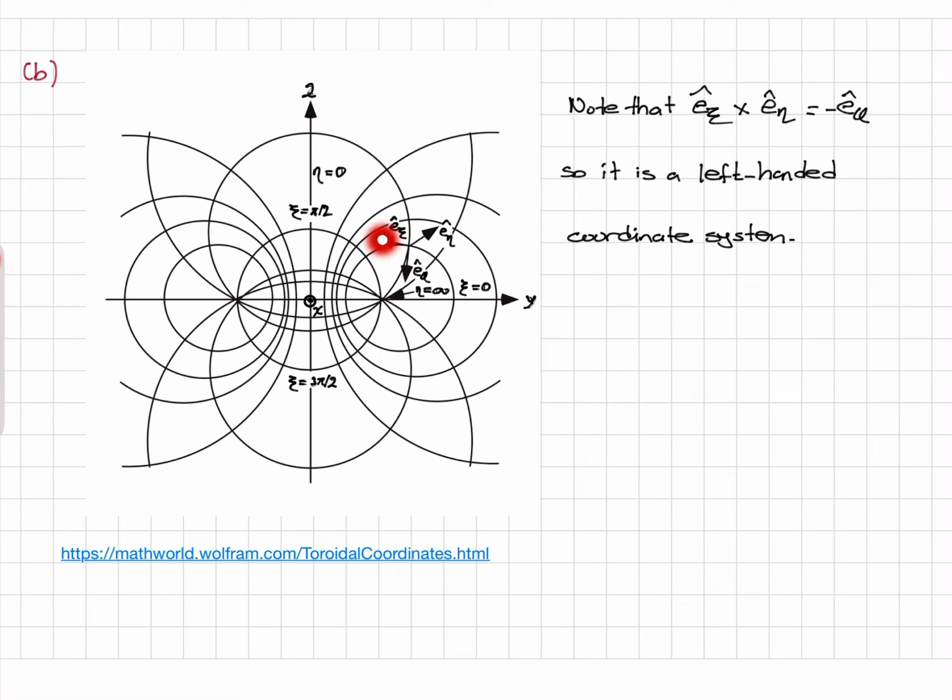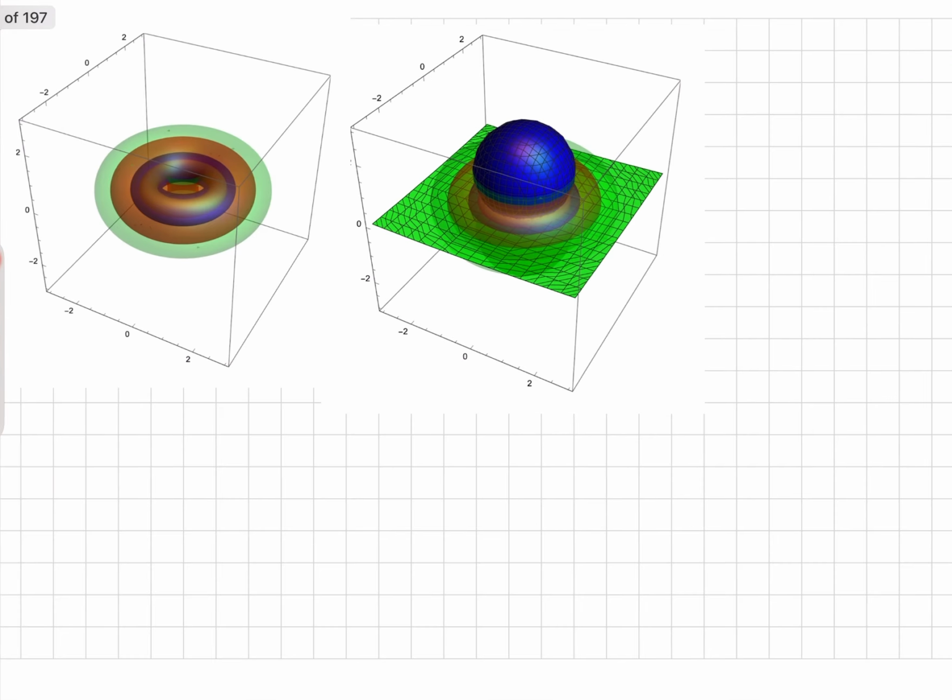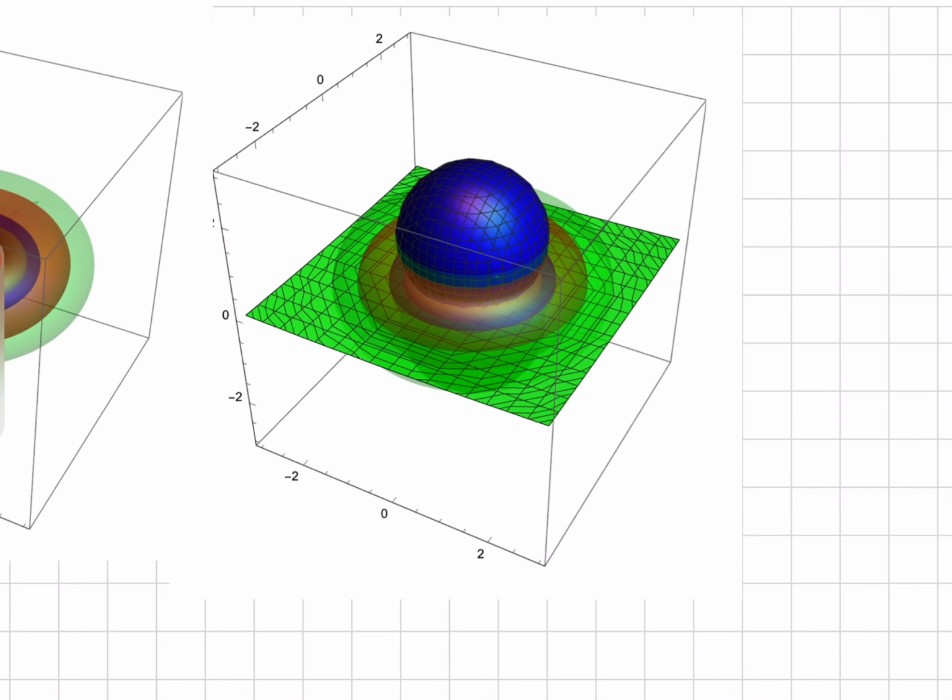Here we have shown the unit vectors e psi hat, e eta hat, and e phi hat. Once again, this is the end result for using a three-dimensional contour plot. These are constant eta surfaces, these are constant psi surfaces.